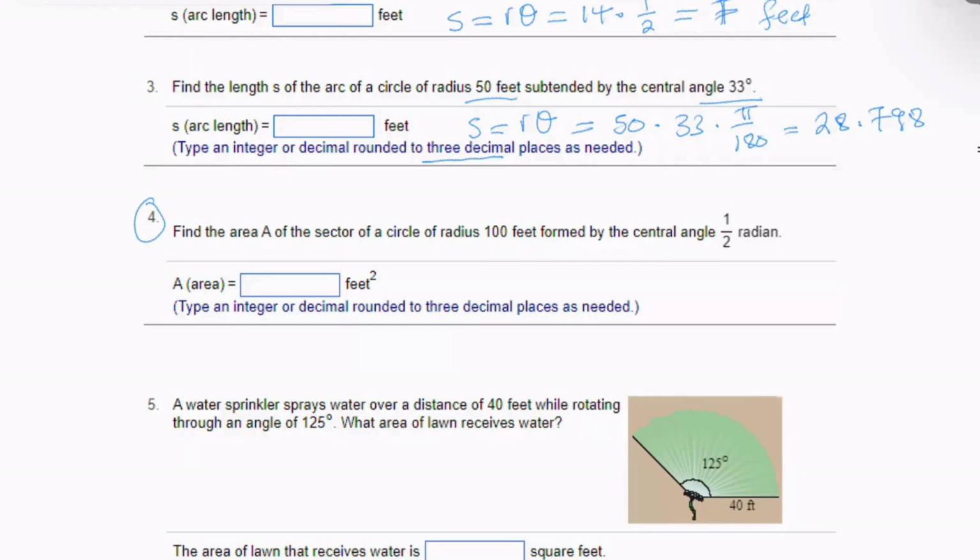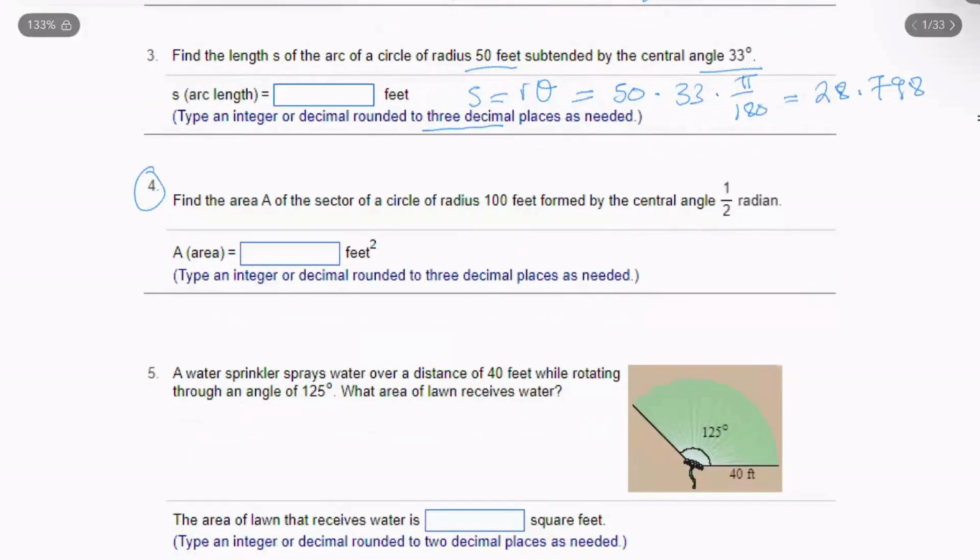In question 4, we want the area of a sector of a circle of radius 100 feet formed by the central angle of half radian. Recall that the area is given by half radius squared theta, where theta is already in radians.